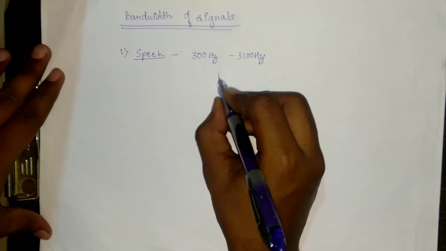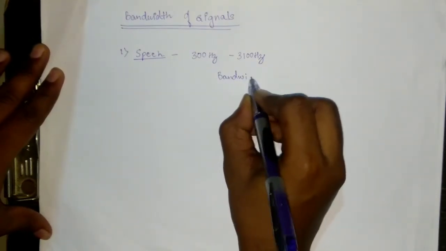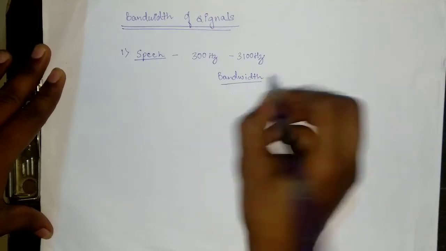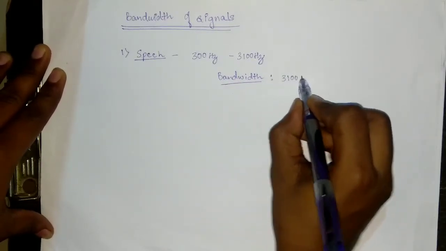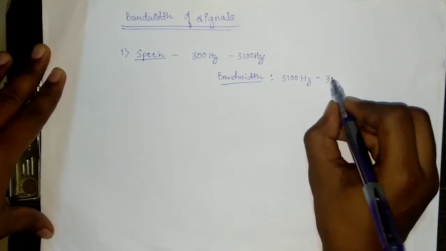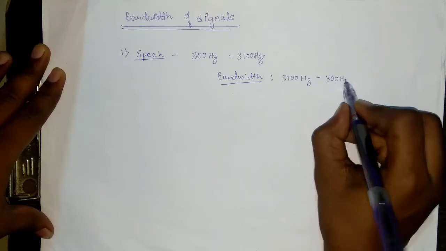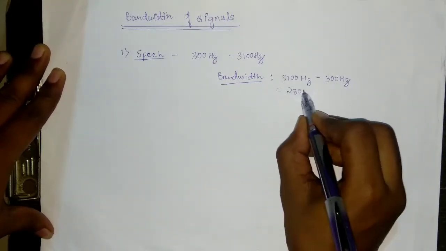The bandwidth is calculated by subtracting the lower frequency limit from the higher frequency limit, which will be 2800 Hz.